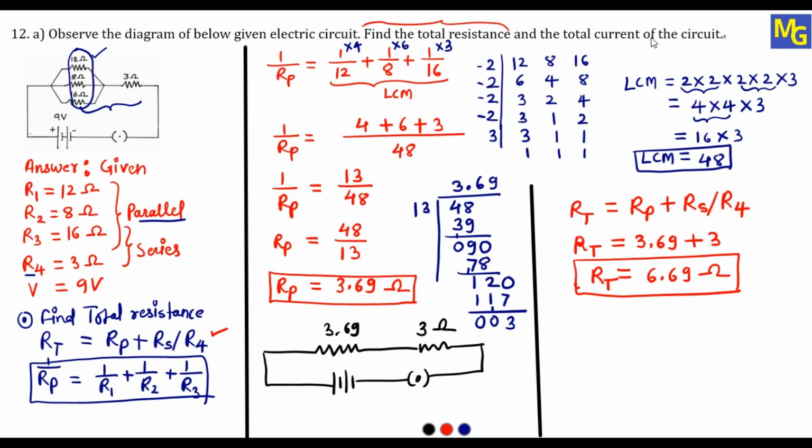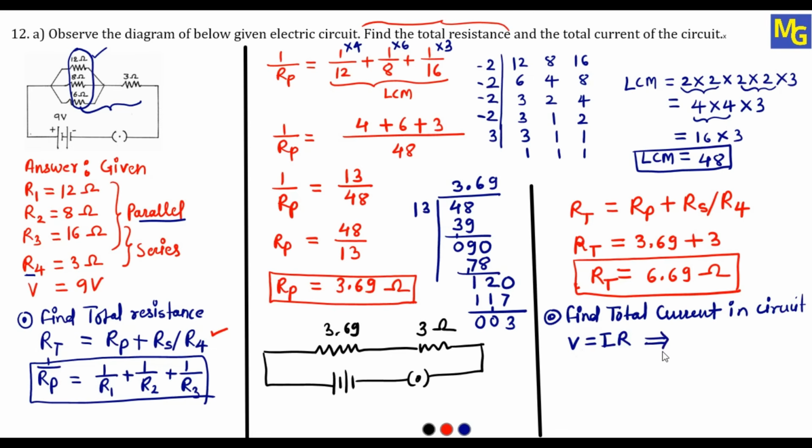Now we have to find the total current in the circuit. So I'll write it here: find total current in the circuit. Here we are going to use the simple Ohm's law formula, that is V is equal to IR, and as we have to find the current, we will shift this R to the LHS side.